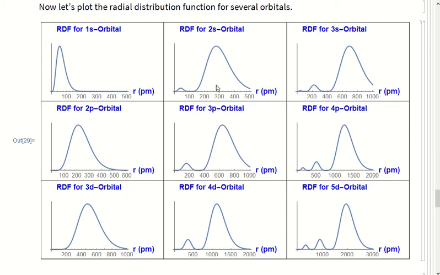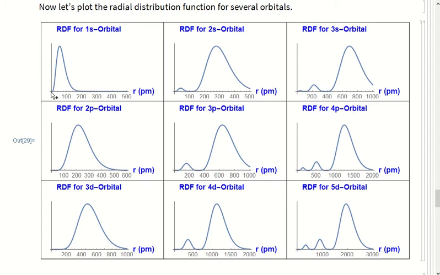For the 2s orbital, it's less than 300 picometers, and for the 1s orbital, it's less than 100 picometers. So we can certainly see our general notion that the average distance of the electron should increase as the principal quantum number increases.